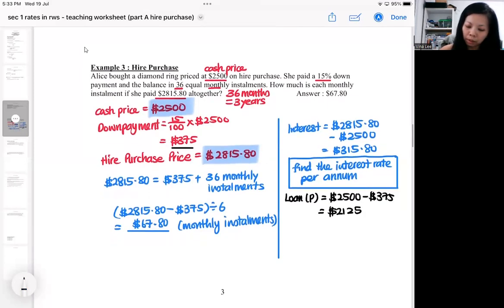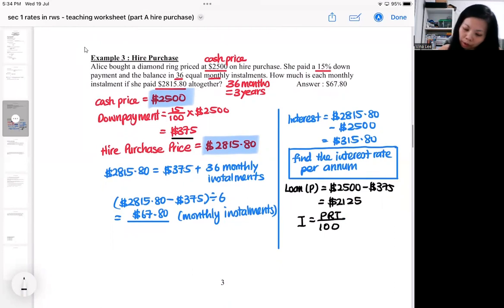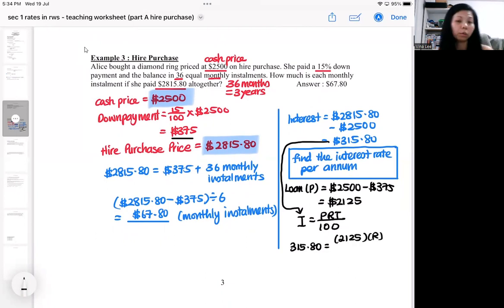Then we will use the simple interest formula. So the extra interest is this one. So I'm going to put in the extra interest. The principal is 2125. Rate is the one that I will need to find. And 36 months is equivalent to 3 years.